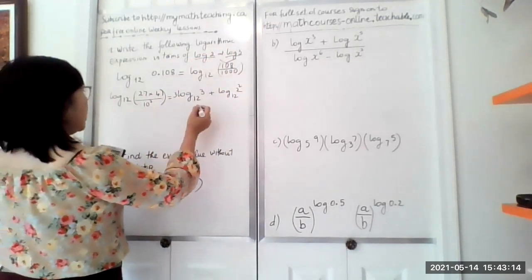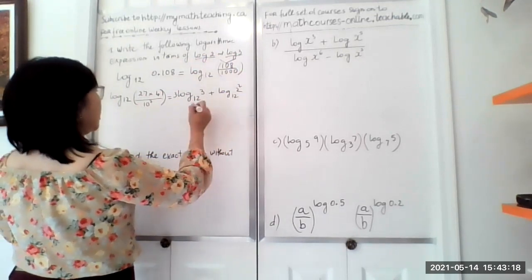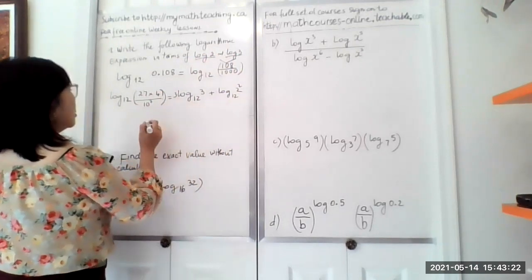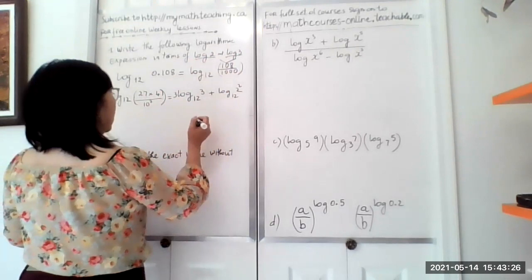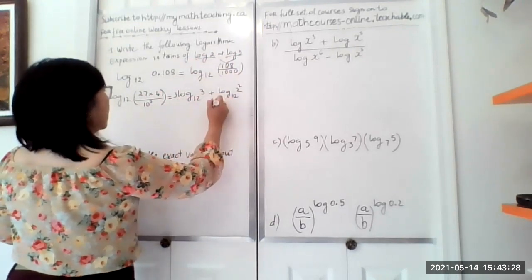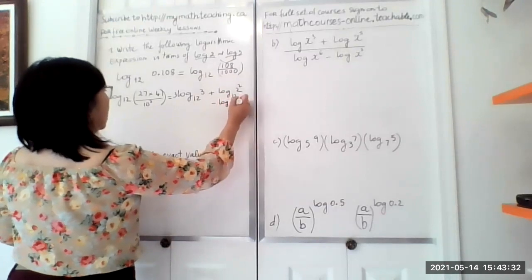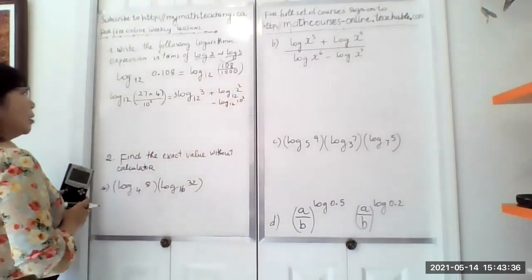So this will lead into the log 2 and log 3. But remember, divide means subtract, right? So basically there is another subtraction of log base 12 of 10 to the power 3, like that.